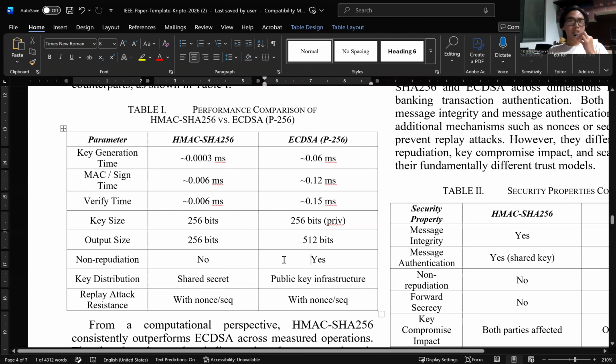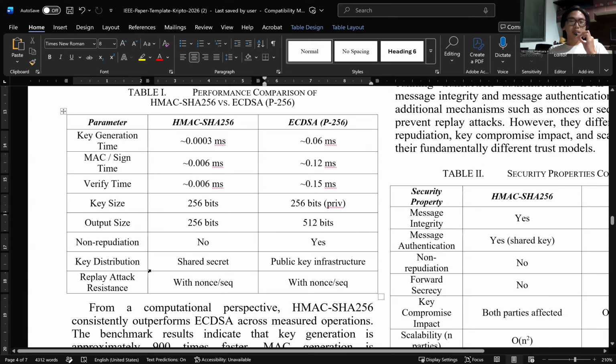And this basically makes sense. Why? Because HMAC only relies on lightweight hash operations, meanwhile ECDSA requires more computationally expensive elliptic curve point multiplication and also calculation.